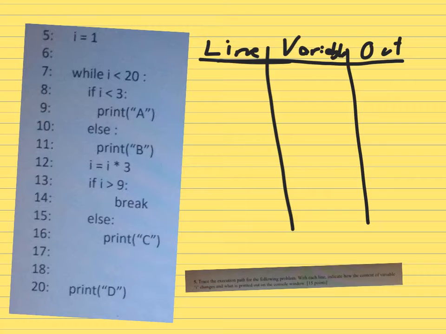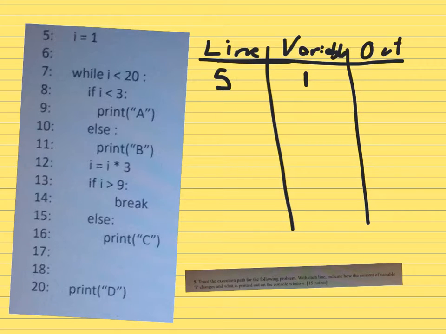So right here we're going to start off with line number 5. The variable I has a value of 1. There's no output yet.